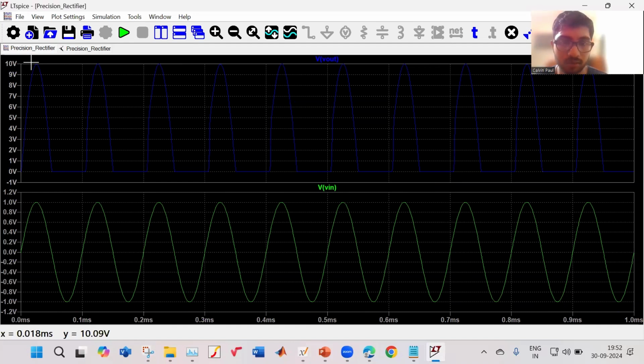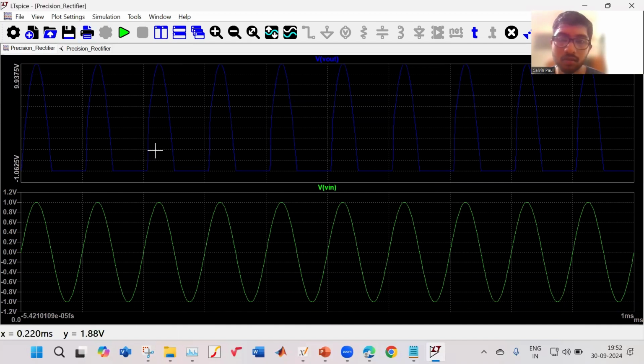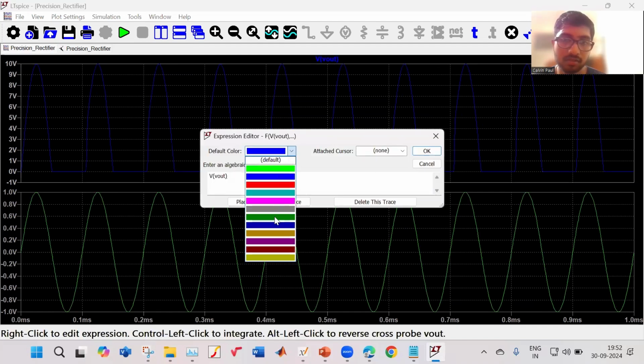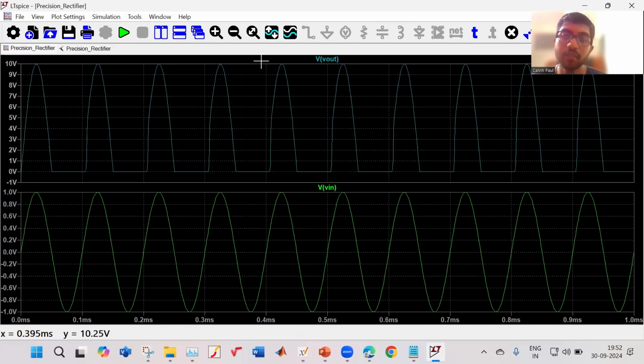Now it is going to 10 volt. Oh, let me change the color. You were saying this color is not good, right? Now is it visible? Yes, sir. So this is how we have checked our concept. Okay, how it is happening.